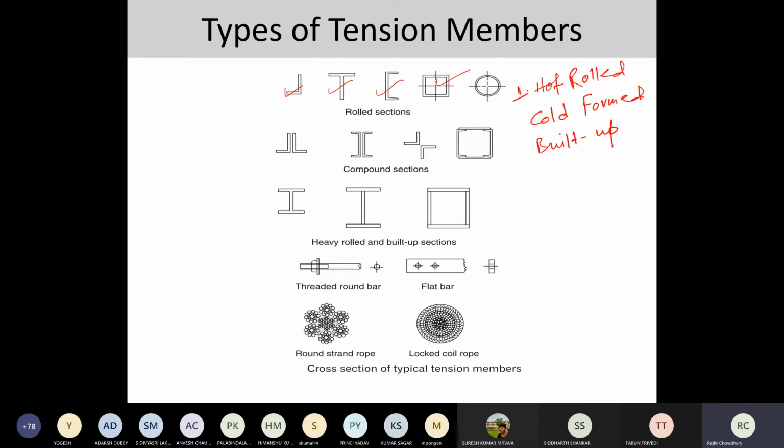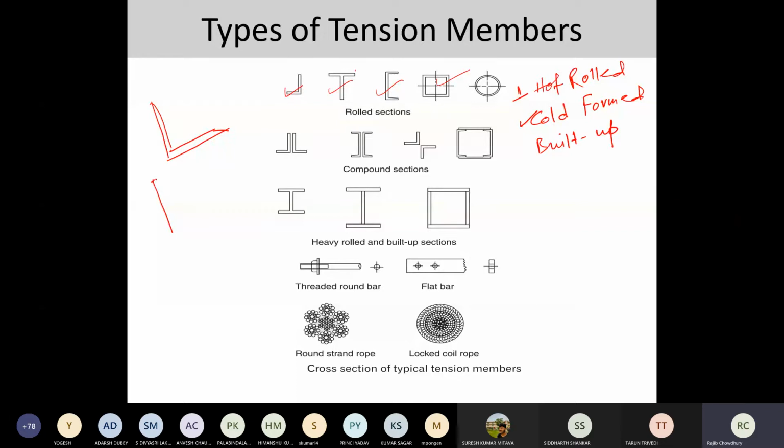Hot rolled means, let's say for example, there would not be any sharp deviation in your edges. Cold formed means it is the other way around, depending on the nature of the thermal quenching process, whenever the structural component forms, that is to be considered as a cold formed. And what is meant by built up? Built up means, let's say for example, I want to build up an angle section.